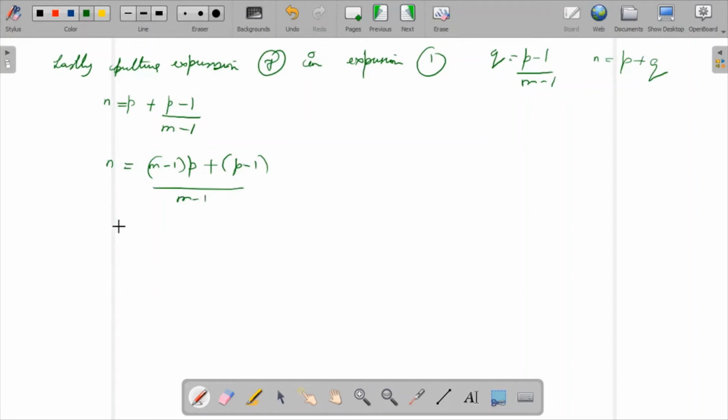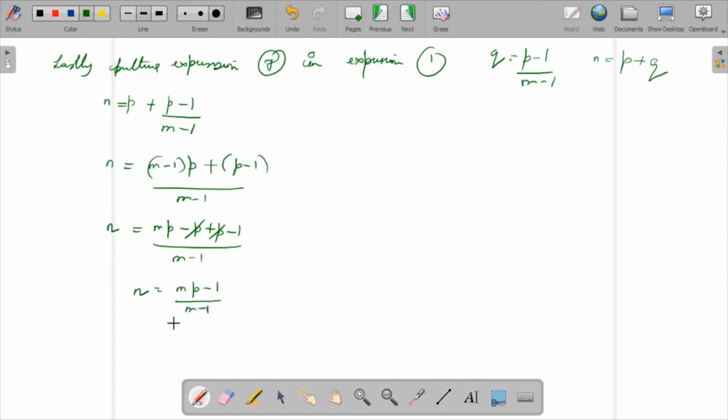So n is equal to mp minus p plus p minus 1, this would get cancelled, divided by m minus 1. So it would be mp minus 1 divided by m minus 1.